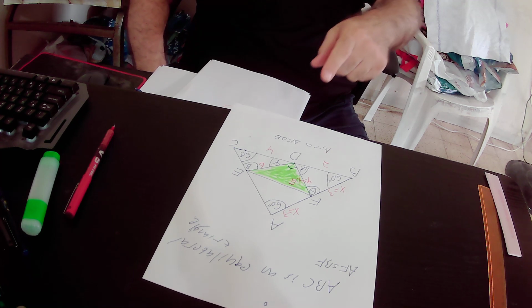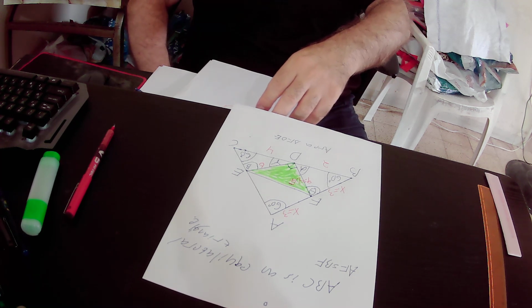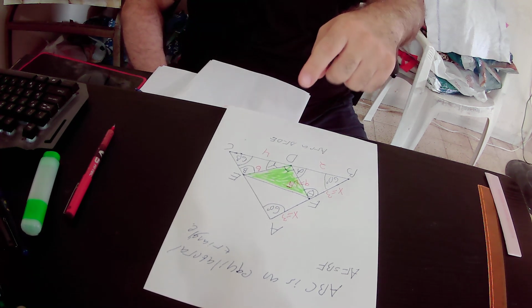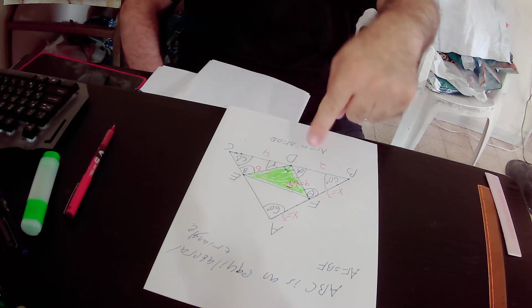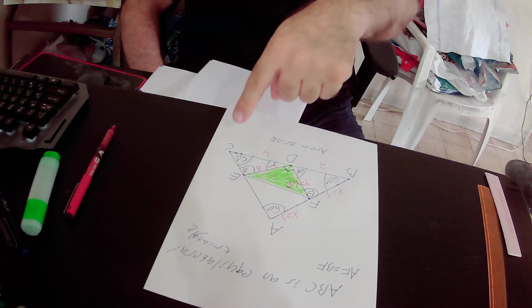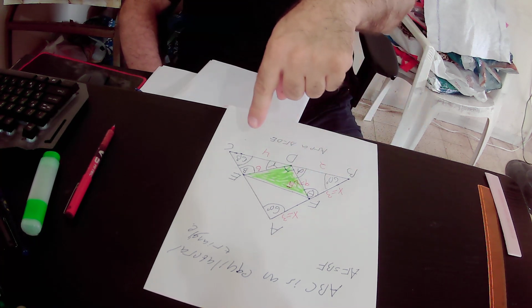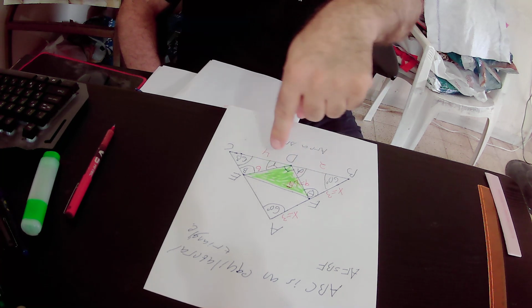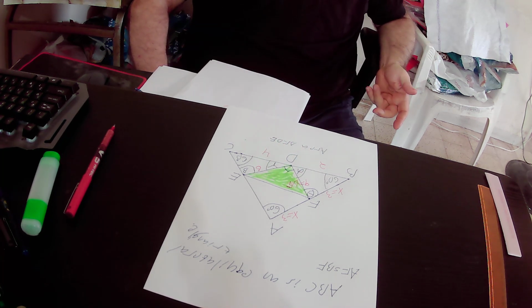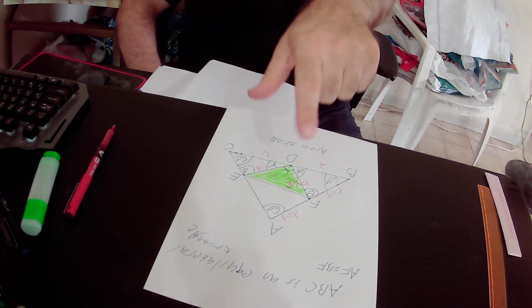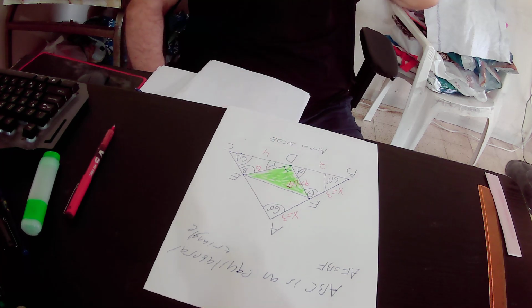First of all, we know that all the angles in an equilateral triangle equal 60 degrees, so angle BAC is 60 degrees, angle CBA is 60 degrees, and angle ACB is also 60 degrees. And all the sides in an equilateral triangle are equal to each other, so AB equals BC equals AC.